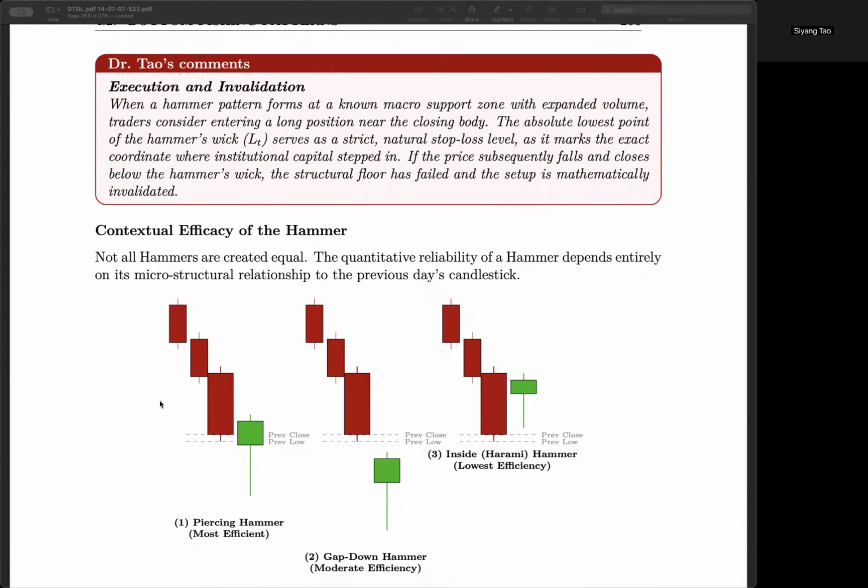Now, I must share a quantitative secret with you. Not all hammers are created equal. The mathematical reliability of a hammer depends entirely on its macrostructural relationship to the previous day's candlestick. We rank them into three categories.